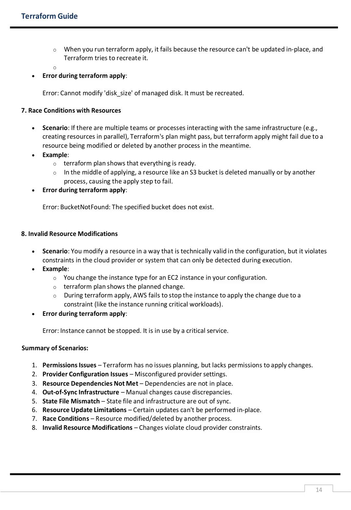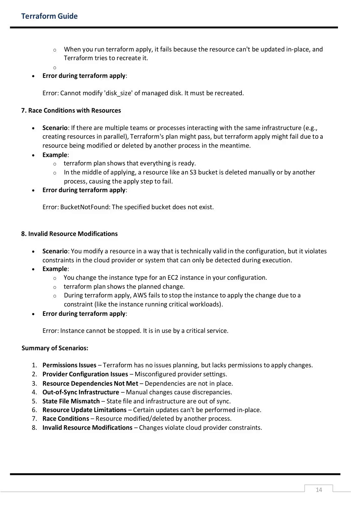8. Invalid resource modifications. Scenario: You modify a resource in a way that is technically valid in the configuration, but it violates constraints in the cloud provider or system that can only be detected during execution. Example: You change the instance type for an EC2 instance in your configuration.